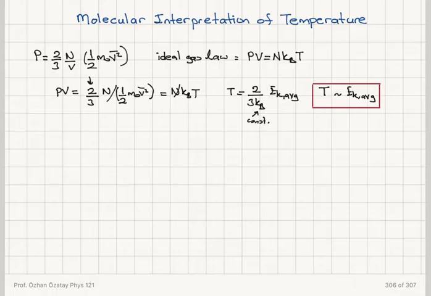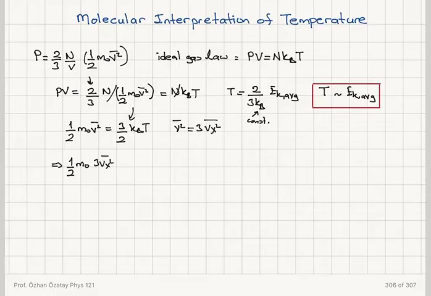Now, on the other hand, if I look at this equation more closely, I realize that 1/2 m0 v square bar is 3 over 2 kBT. And since I have v square bar is equal to 3 times vx square bar, this also implies 1/2 m0 3vx square bar is 3 over 2 kBT. So the 3's cancel. I find 1/2 m0 vx square bar is 1 over 2 kBT.